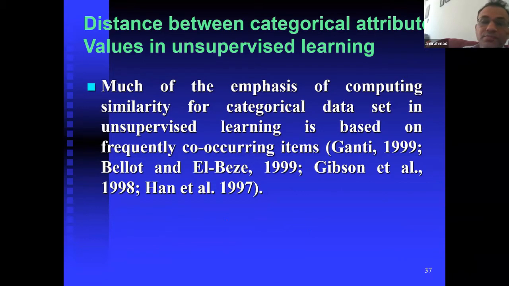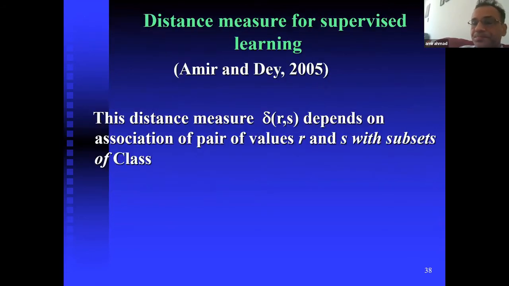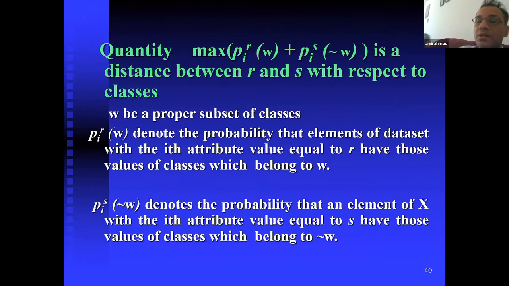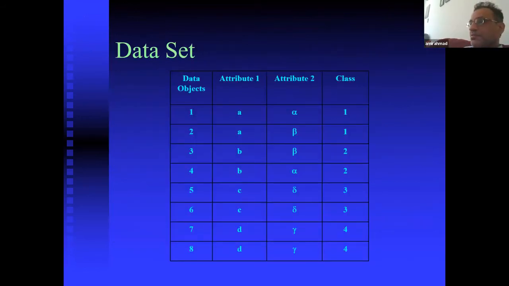This is called computing the distance using frequently co-occurring items. It means that if one attribute value occurs with others, we see the relationship with the other attributes, and it can define the relationship. Because I'm running out of time, I use the same concept to find the distance. Now, this is the important thing, so I should discuss it with you.